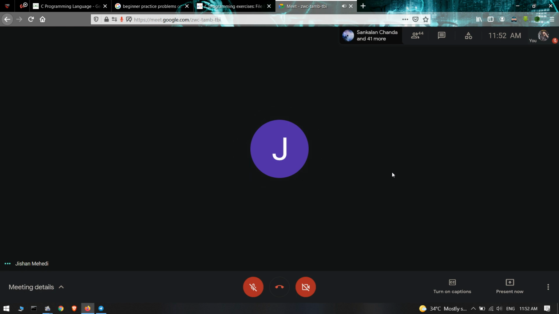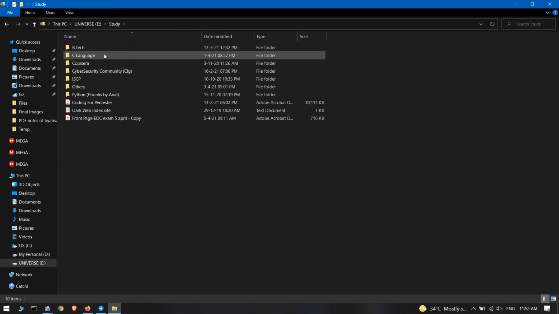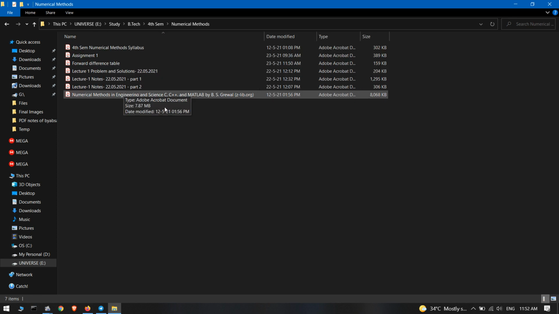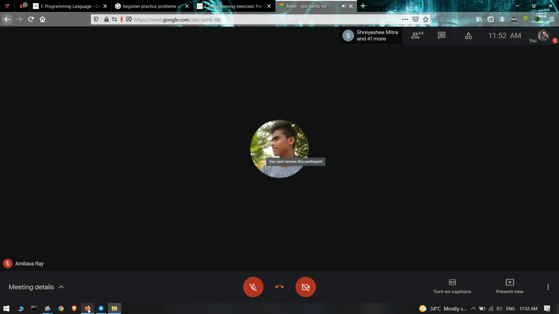We define a function y equal to f(x), and data for x and the corresponding y are given: x is x0, x1, x2 up to xn, and the corresponding y is y0, y1, y2 up to yn. Now let us derive the expression for the polynomial. So open the PDF; I am also discussing from that PDF.